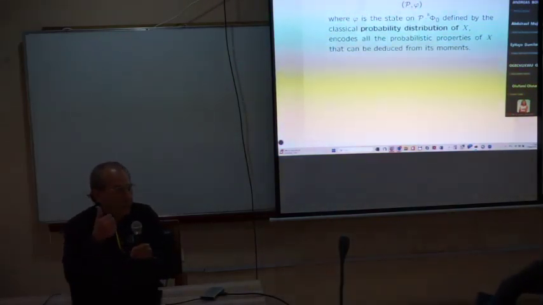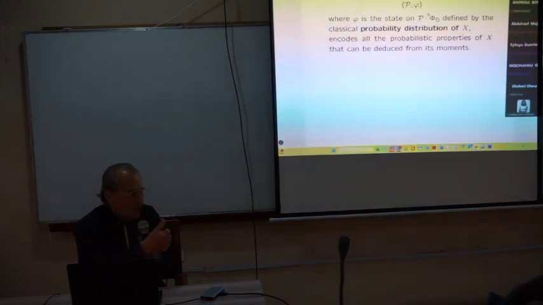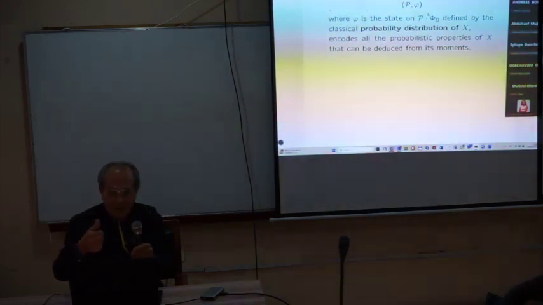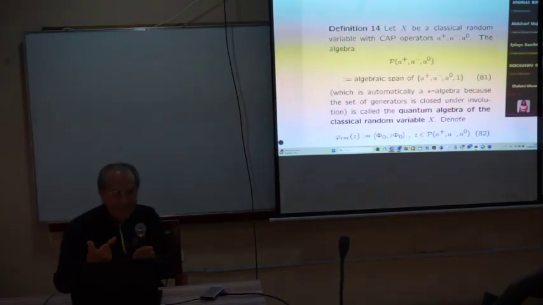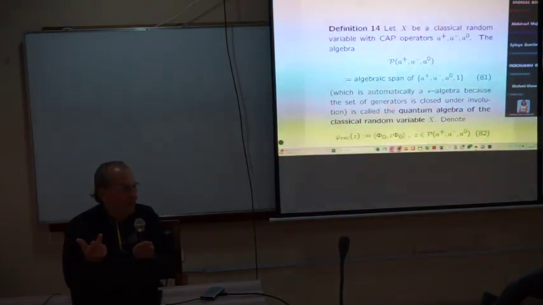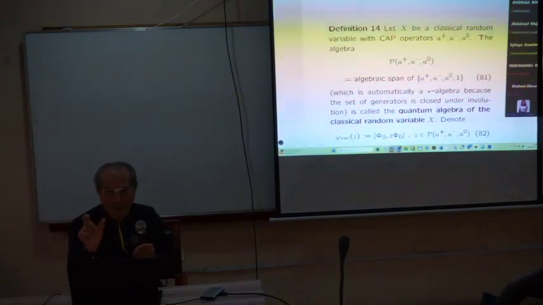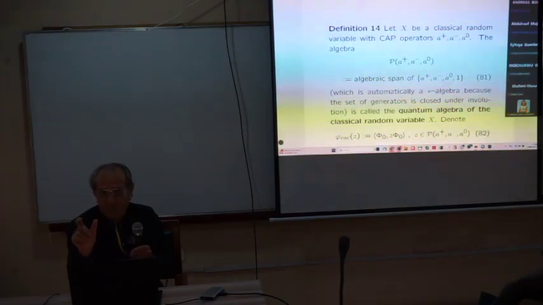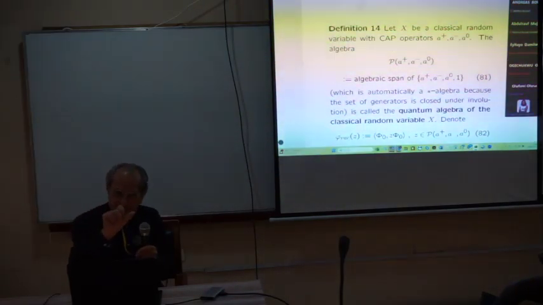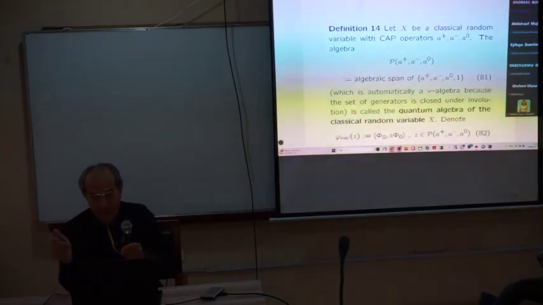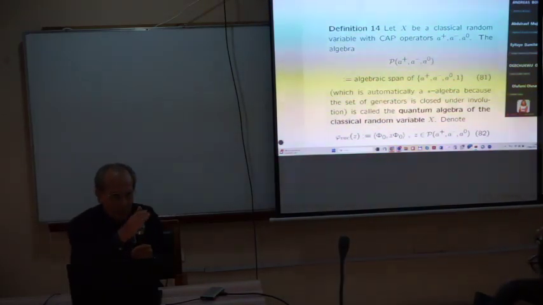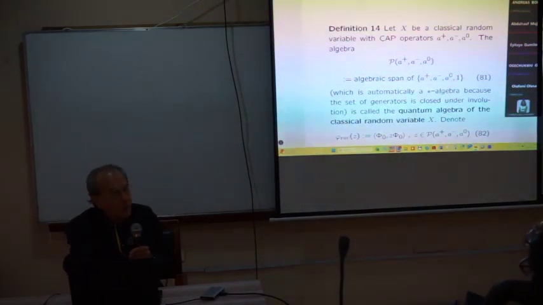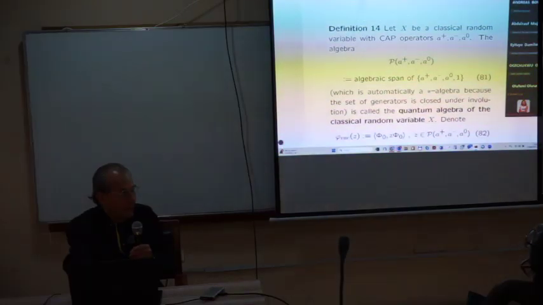Well, we have to prove first that the commutative algebra of polynomials is contained in the quantum algebra. Okay? And then what else do we have to prove? Remember, an algebraic probability space is two objects: a star algebra, and a state. Now we have the star algebra. We have to prove that P is contained in the quantum algebra.